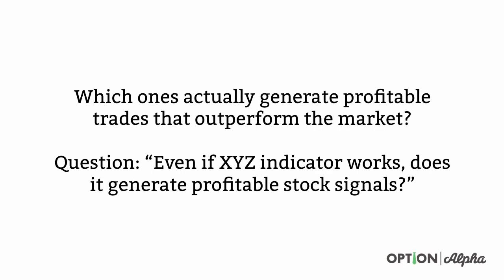Which ones actually generate a profitable trade that outperforms the market? So even if you did find an XYZ indicator that works, meaning that it is reliable to trade, it has good signals that work more often than not, does it actually generate profits? When it works, do the profits overshadow the potential losses when it doesn't work? And I think that's a real key question that not enough people actually ask in this industry.